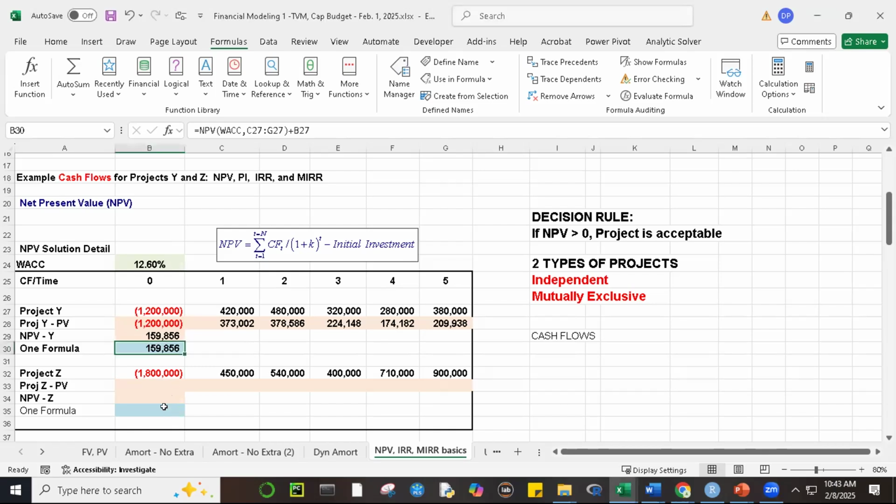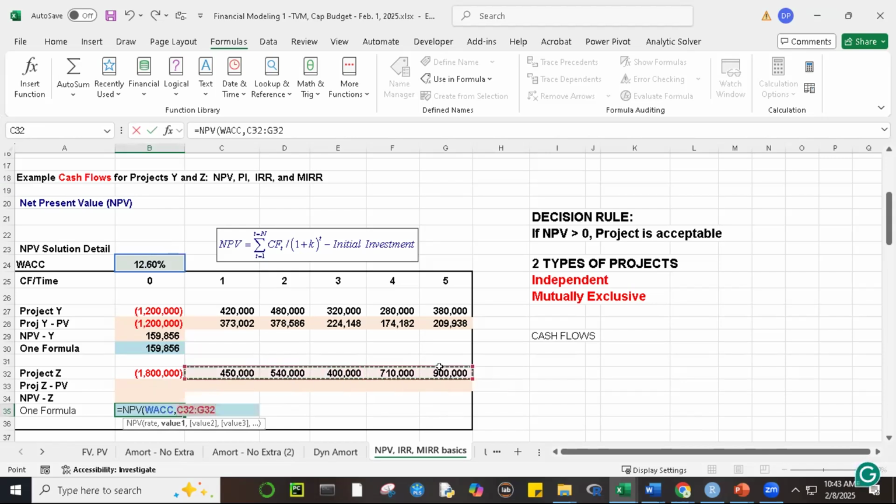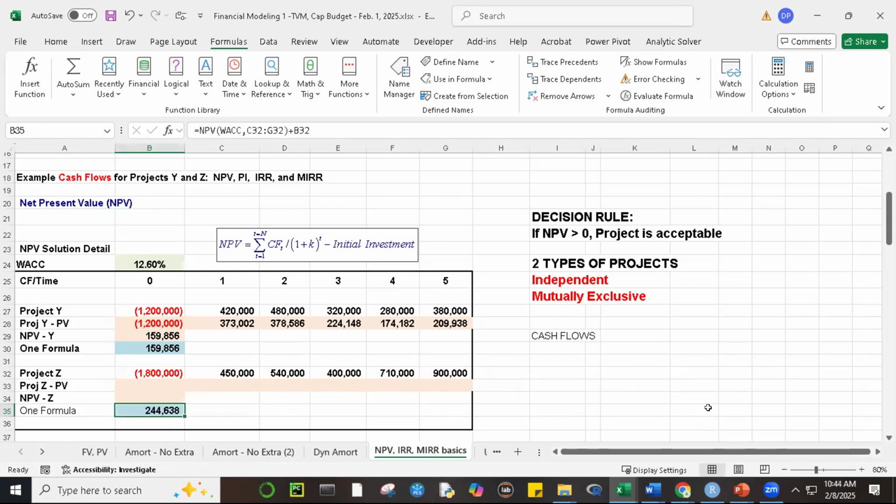So I'll just use the NPV here. It's equal to NPV. Rate is your WACC, comma, and the values are these cash flows, and then plus this one. Control enter. So it's 244,638. Okay.